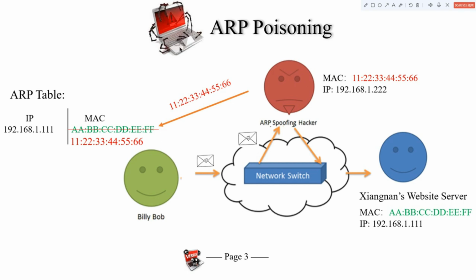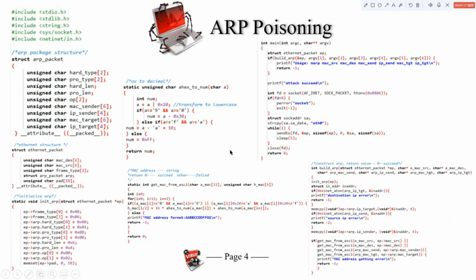So he will just update his ARP table. In this way, we can change the ARP table of the host. And these are the main code of ARP poisoning written in C.